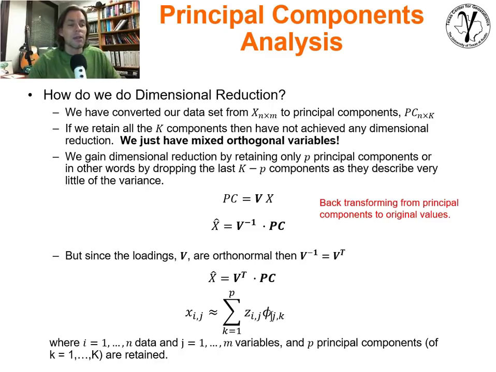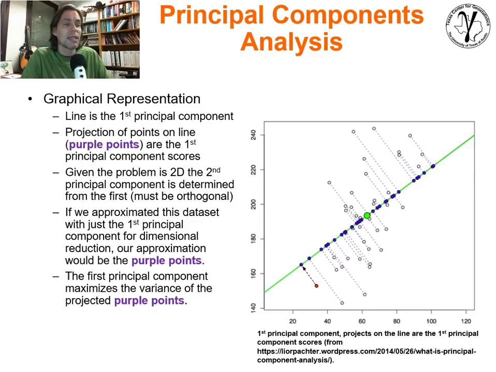And if we apply that, we will simply get back to a data value estimate with reduced dimensionality. And so this is powerful. This is super easy, and it's very valuable.